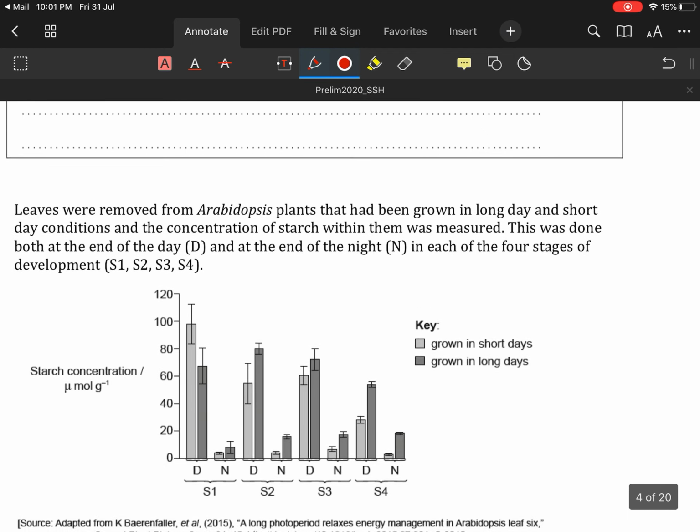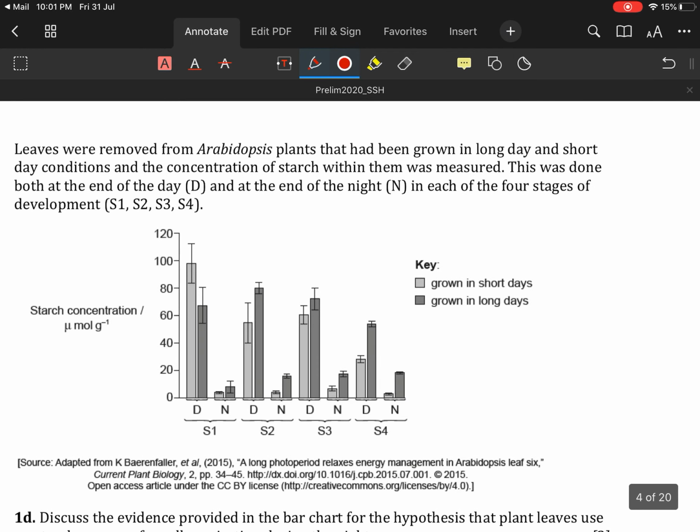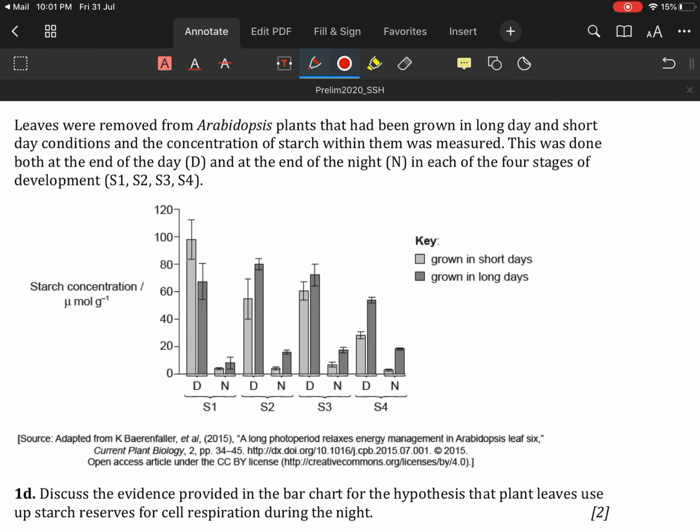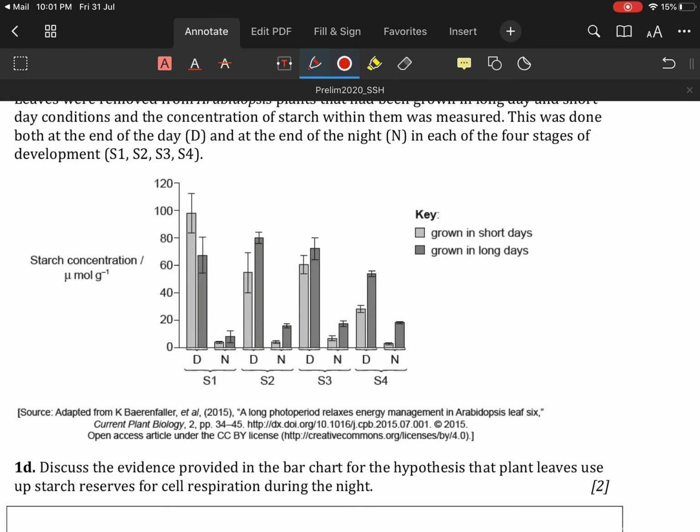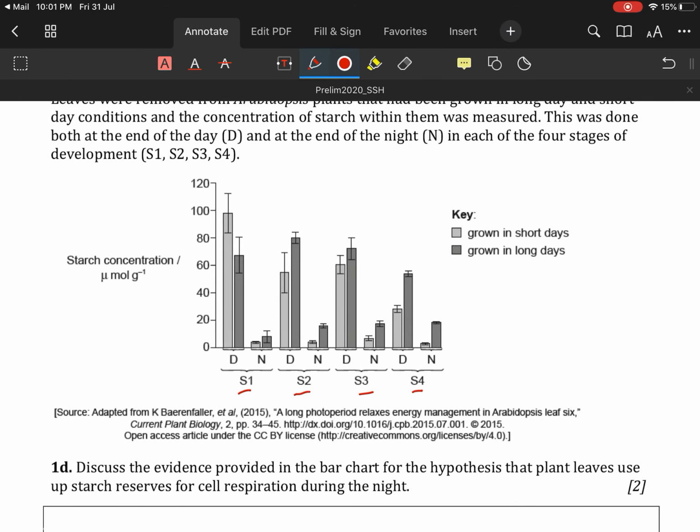Now look at the next question. Leaves were removed from Arabidopsis plants that had been grown in long day and short day, and the concentration of starch was measured. This was done at the end of the day and night, so all 4 stages are taken and the concentration of starch is checked.